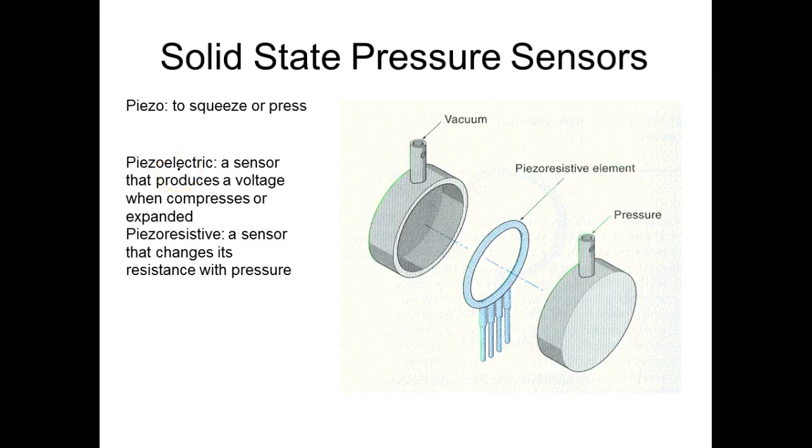We do have some solid state sensors, piezoelectric sensors, that produce a voltage when compressed or expanded. Piezoelectric sensors sense a change in pressure. The problem with piezoelectric devices, we have crystals out there, and we use these several times, is they generate an EMF when they are compressed or expanded.